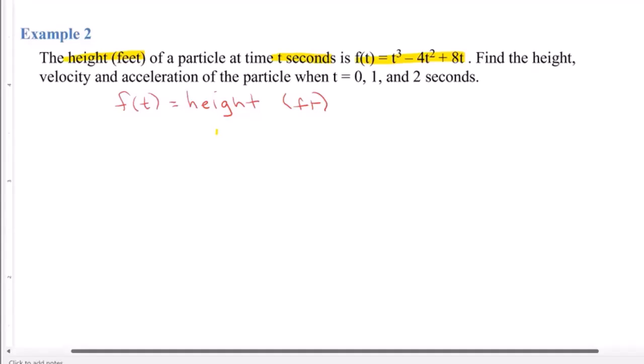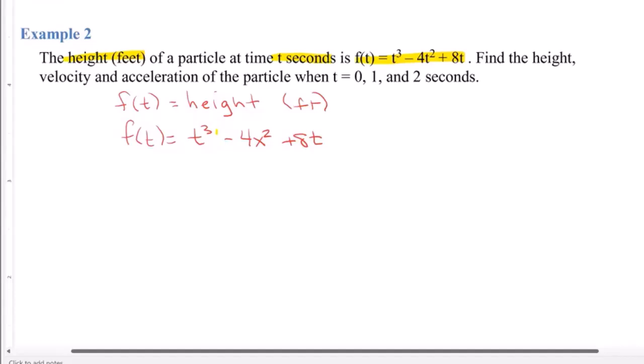Find the height, velocity, and acceleration of the particle when t equals 0, 1, and 2 seconds. Okay, so f of t is equal to t to the third power minus 4t squared plus 8t.